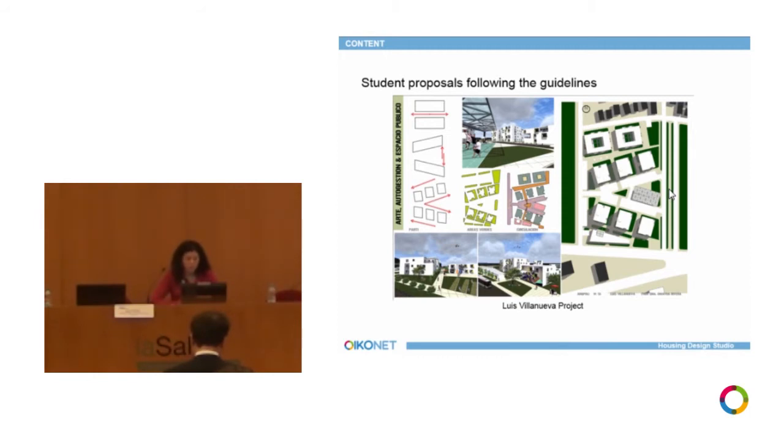That was an important part of Luis's project. He also designed the units thinking about John Habraken's idea of supports and individual units, so every one could have the flexibility to change and be a different unit.